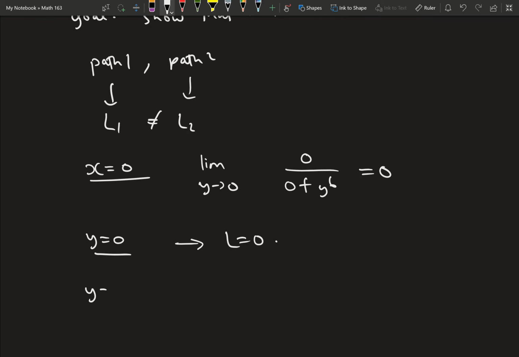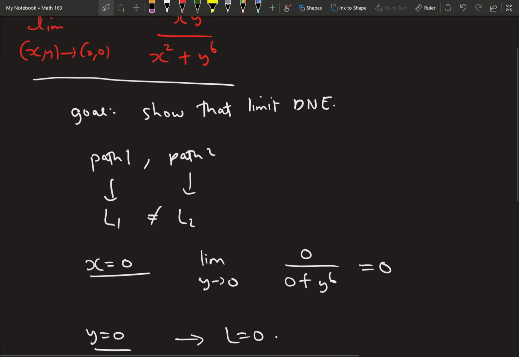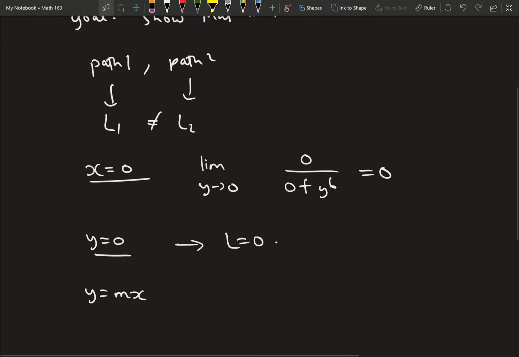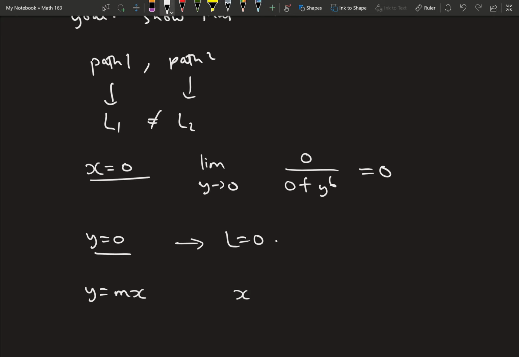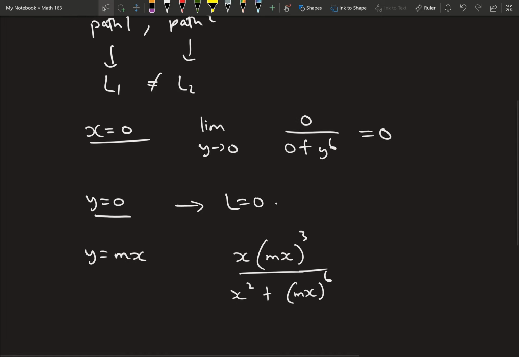Let's try one of the lines. Let's try a general line, y equals mx. Well, we have xy cubed over x squared plus y to the 6th. So x and then mx cubed over x squared plus mx to the 6th, sorry. So what do we end up with here?